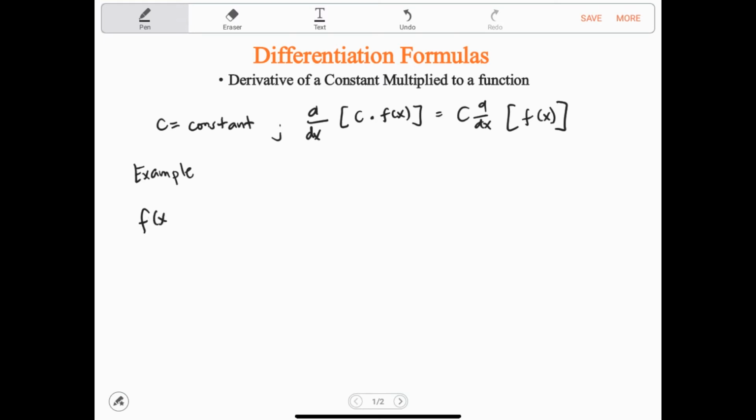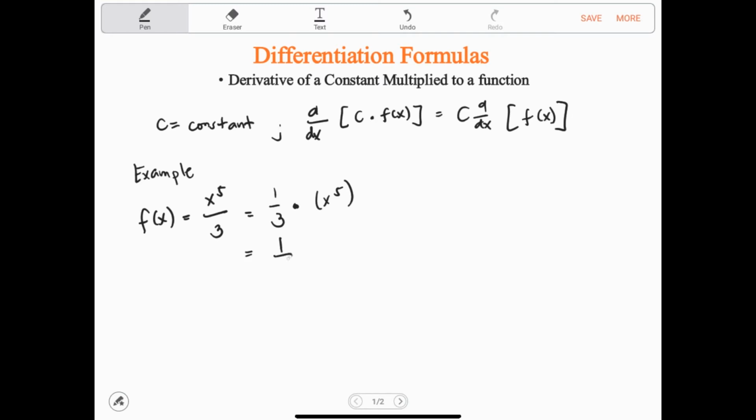f of x is equal to x to the power of 5 over 3. We all know that there's an imaginary 1 there, so it's 1 over 3, and that's the constant. If we extract 1 over 3, what remains is x to the power of 5.